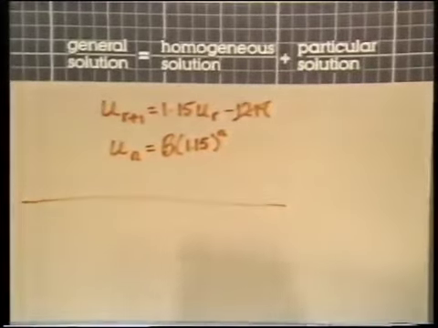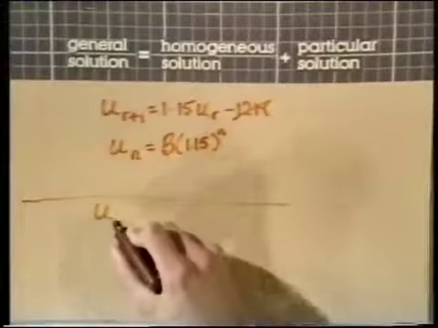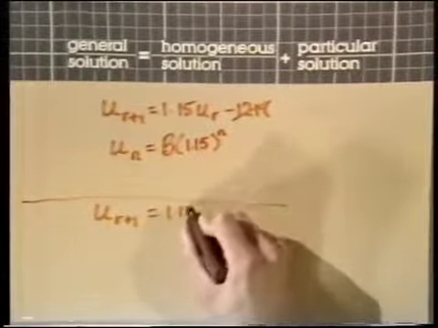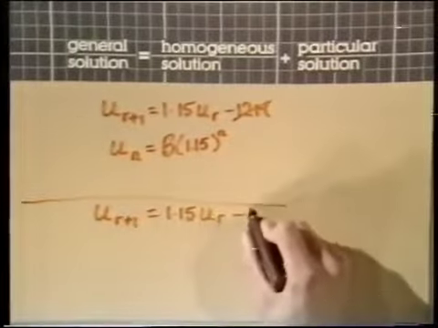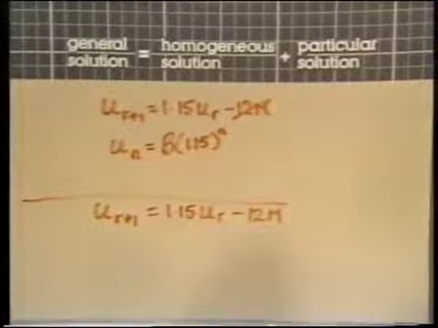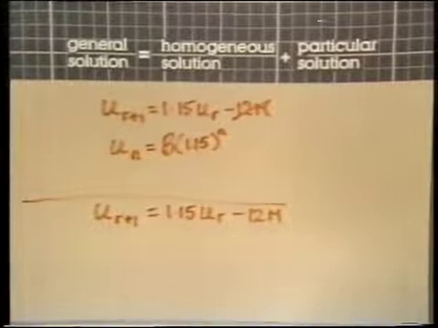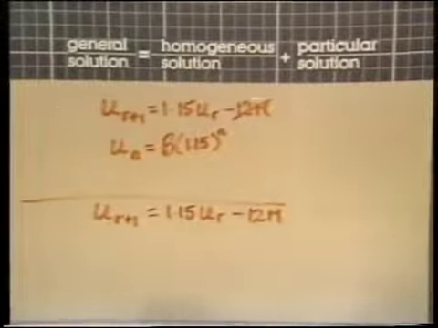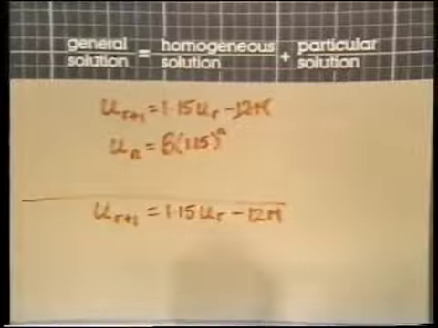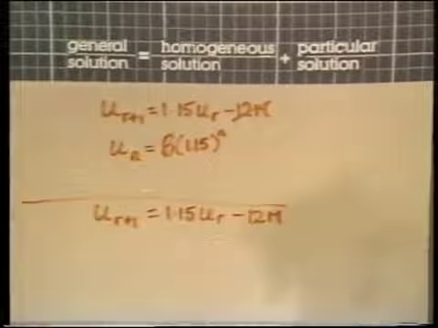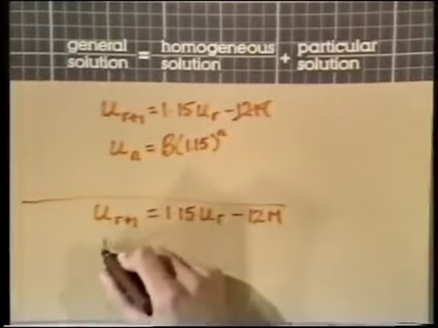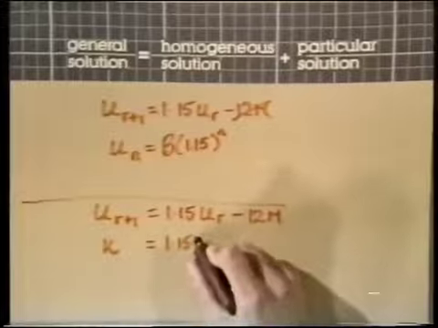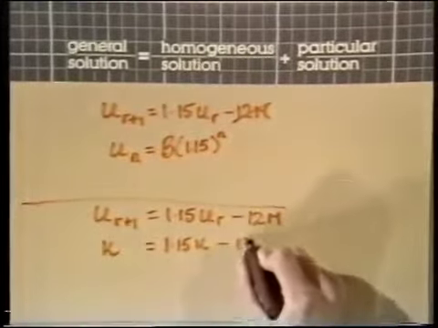For the second part of our solution, we need any particular solution of the non-homogeneous problem. And the simplest solution to this non-homogeneous problem is just of the form u_n is equal to a constant. Let's call it k. And if we substitute that into the recurrence relation, we get k is equal to 1.15k minus 12M.